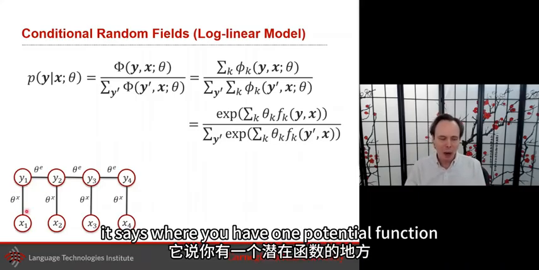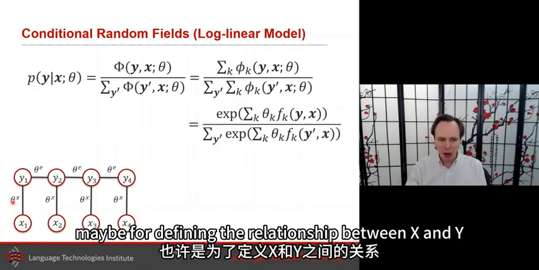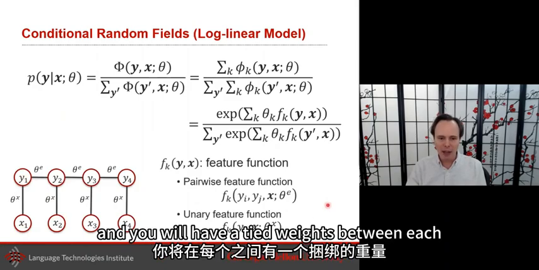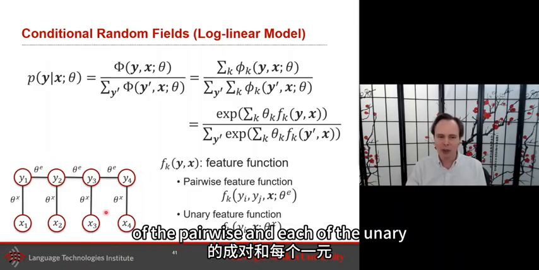You have one potential function, maybe for defining the relationship between X and Y, and then you will have a unary, and you will have tied the weights between each of the pairwise and each of the unary.